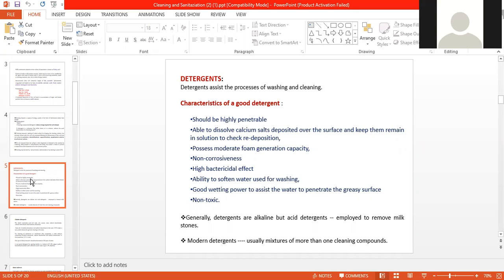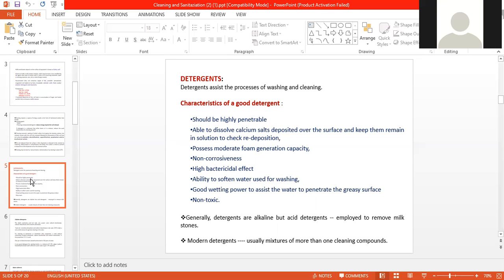It should have moderate foam generation capacity, that is, non-cohesiveness, meaning it does not create any cohesiveness. The detergent must have high bactericidal properties, that means it kills the microbes present on the surface of the equipment. It has the ability to soften water for washing of the equipment, and good wetting power to assist the water to penetrate the greasy texture.